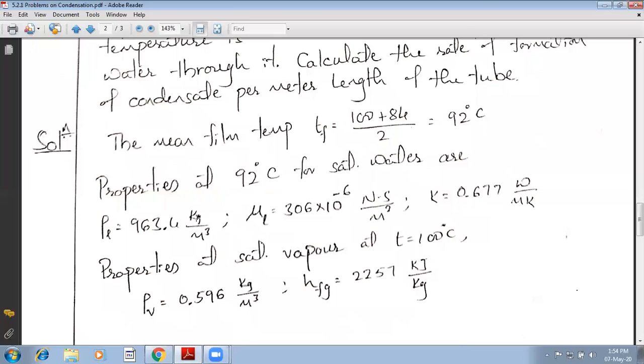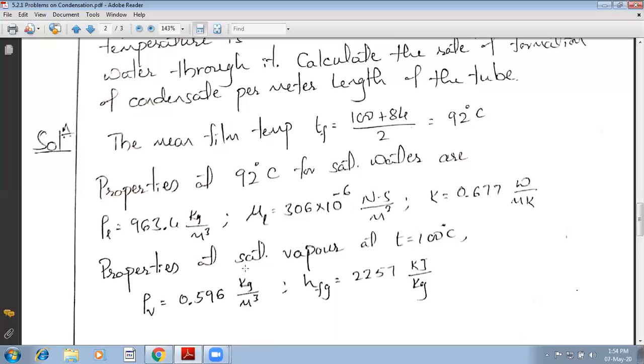If you get the property values at 92 degrees Celsius, the density is 963.4 kg per meter cube. Dynamic viscosity is 306 into 10 raised to minus 6 Pascal second or Newton second per meter square. Thermal conductivity is 0.677 watt per meter Kelvin.